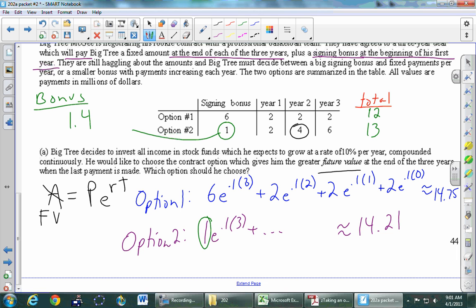You can calculate the present value of the $6 million and the $2 million and the 1 million signing bonus. You'll get some number, which is the equivalent of somebody handing you that one check today and saying, I'm not paying you again another dime for 3 years. But you better believe that 3 years from now, it would grow to exactly 14.21 million if you just threw it all into the bank today. So just another way, it's like the other side of the same coin.